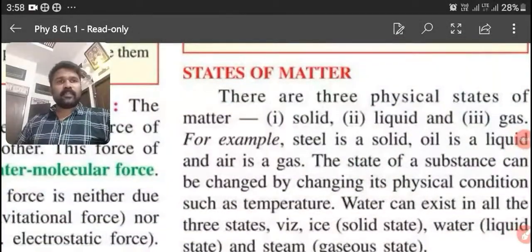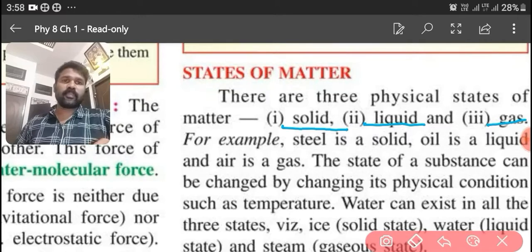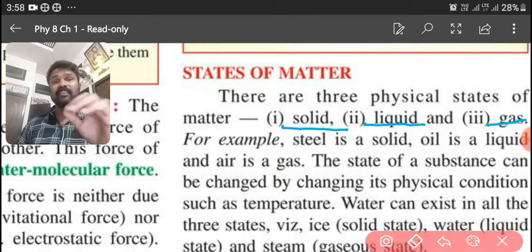There are three physical states of matter: solid, liquid, and gas. For example, steel is a solid, oil is a liquid, and air is a gas.